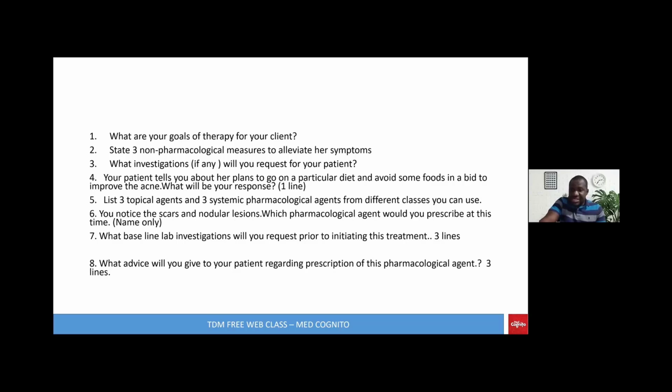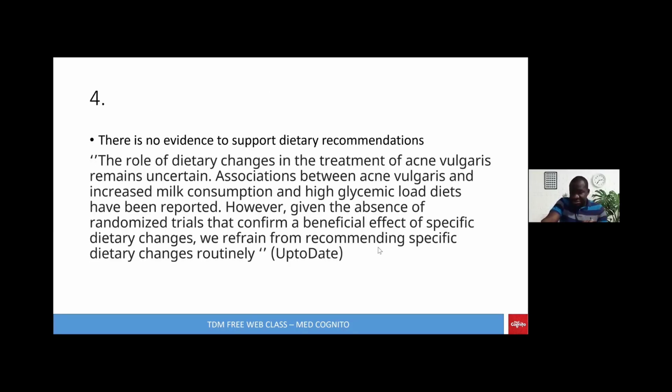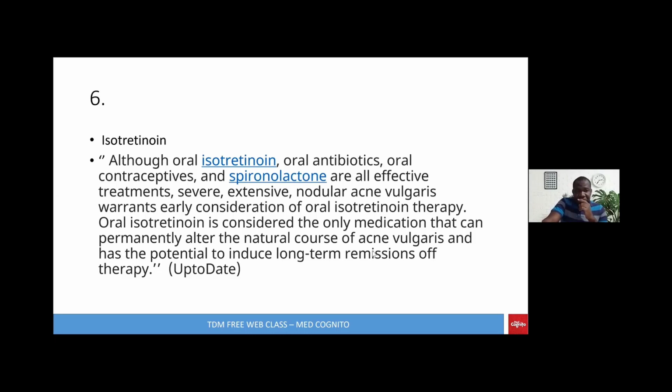Scars or scarifications, excoriations, hyperpigmentation, nodular lesions, all this is drawing your attention to the fact that you are dealing with severe acne. When the question has this preamble and asks which pharmacological agent will you prescribe at this time, you know they are drawing your attention to it. And the only agent that is very effective for severe acne is isotretinoin.